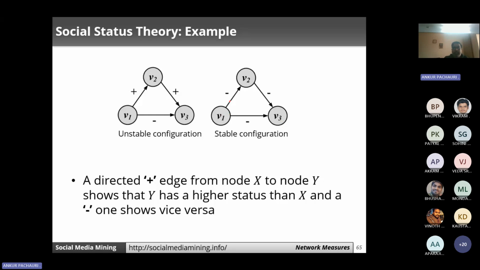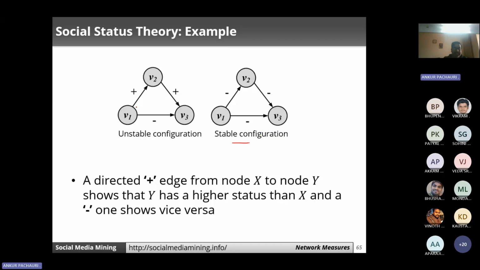So V1 is elder than V2, V2 is elder than V3, then obviously V1 is elder than V3. Okay, not of the same age. If twins born on the same day are ignored, then even the elder relationship is a stable configuration.